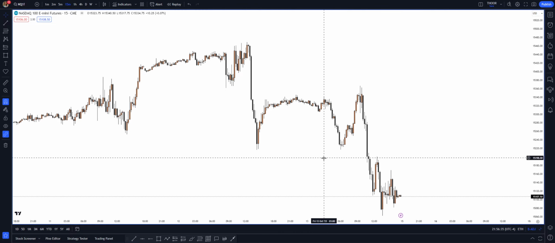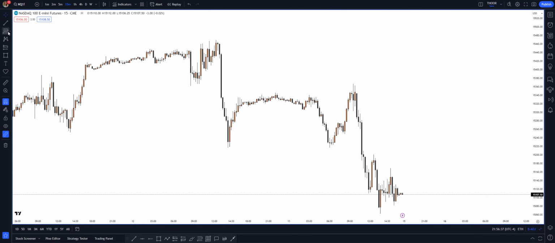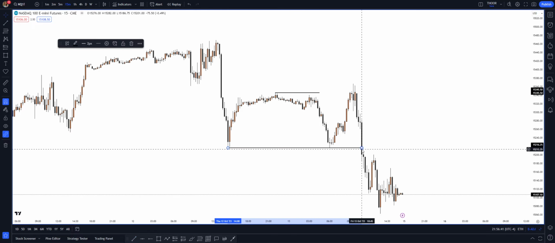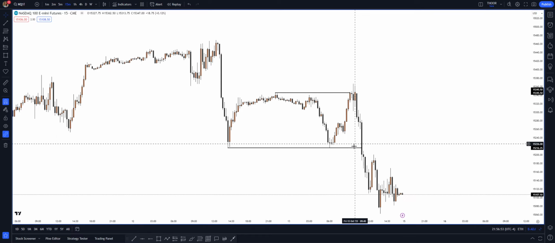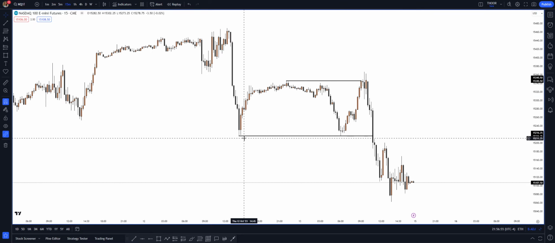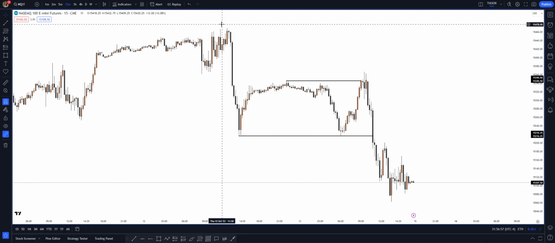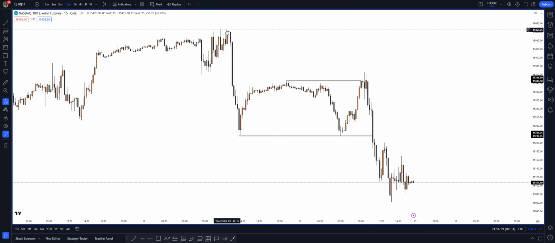So on the 15 minute, what I look at is the highs and the lows, right? When market opens here, the 9:30 candle is this one right there. I anticipate, if I'm bearish, and I'm bearish on this one because we raided the highs yesterday, the day before.